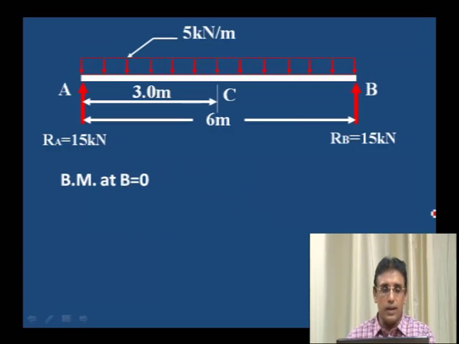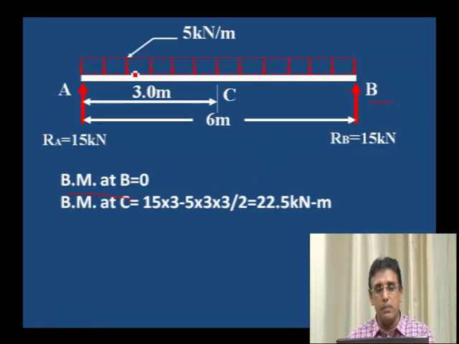Now calculate bending moment at B. Bending moment at B is equal to 0. Bending moment at C, right side of the C we have to consider. Right side of the C is 15 kilonewton, RB, into distance 3 meter. From C to B the distance is 3 meter. This is anti-clockwise, that is why it is considered as plus.